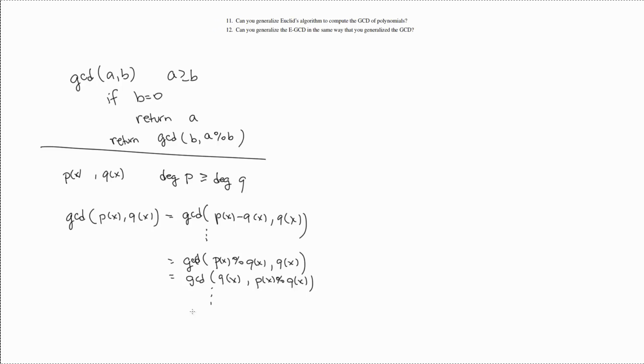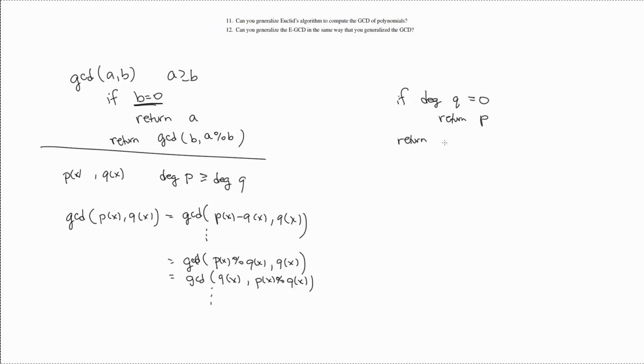So the only difference between the algorithm for computing the GCD of two polynomials and the GCD of two integers is that instead of testing if the number is equal to 0, we test if the degree of q is equal to 0. Then we return p.